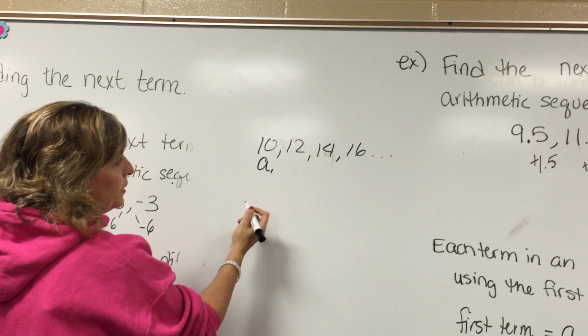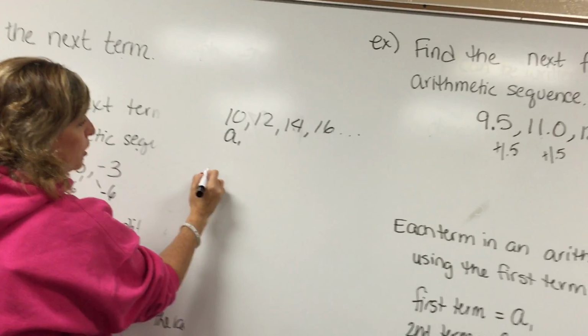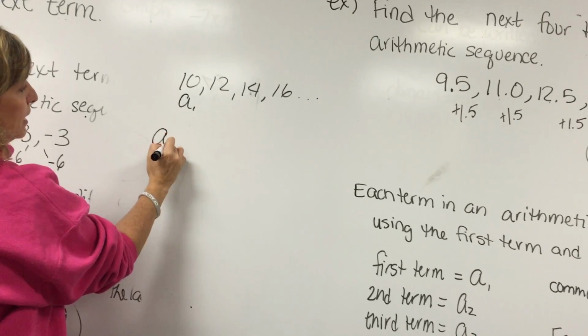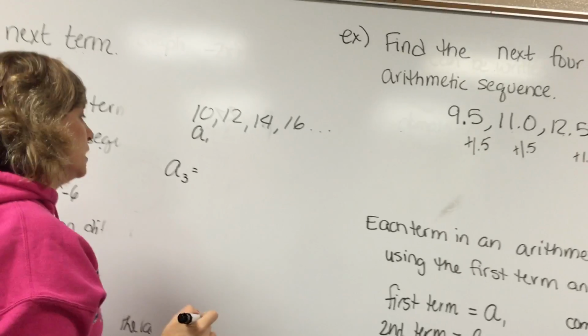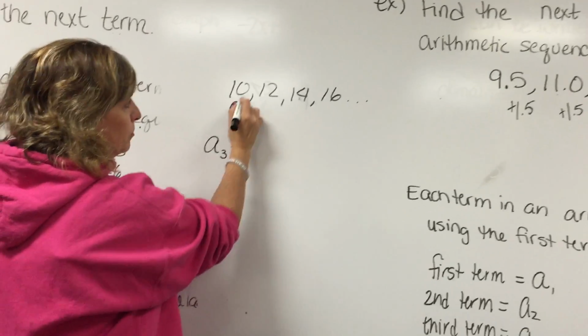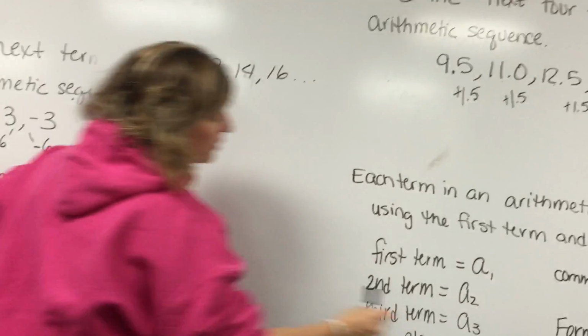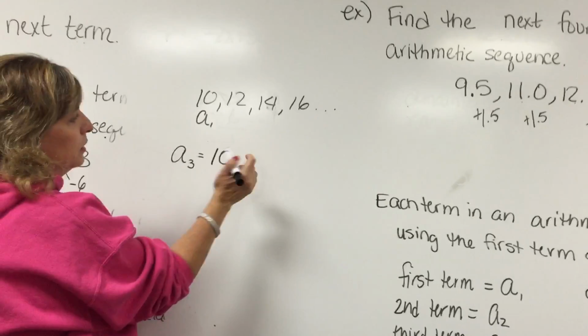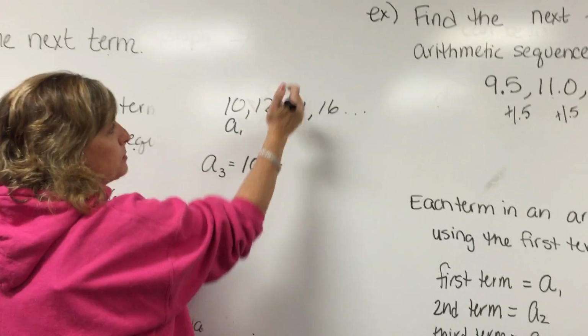So if I want to figure out my third term, I'm going to go A sub n, which the third term is going to be A sub 3, equals the first term, which is 10, because I'm going by this formula right here, okay? The first term, A sub 1, plus D. My D here is positive 2.